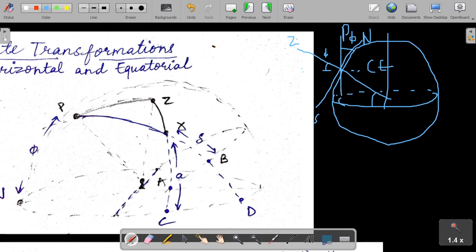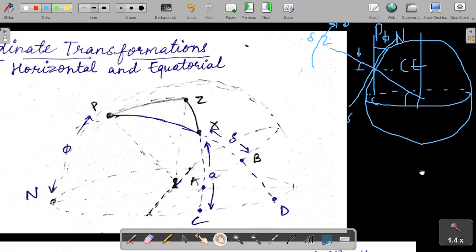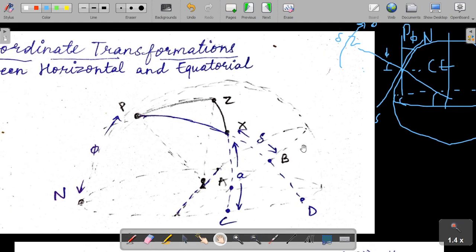See, this is the declination of a star. So this diagram is basically the superposition of the equatorial system onto the horizontal coordinate system. That's it. So this is the equator projected onto the system.